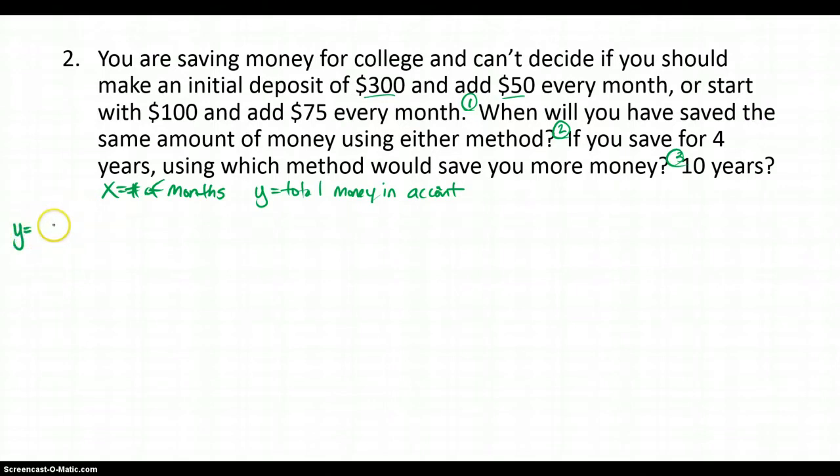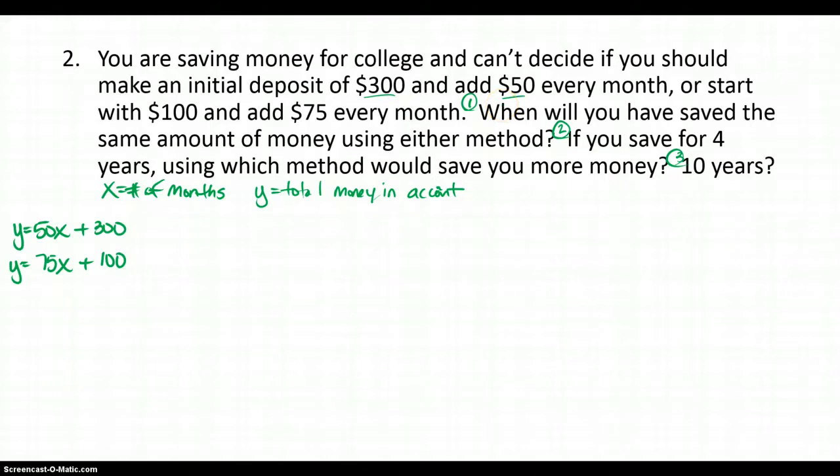Y equals 50x plus 300 for the first account, and y equals 75x plus 100 for the second account. Again, two different accounts, two different equations. Needed to pick up on that this is in the form y equals mx plus b.